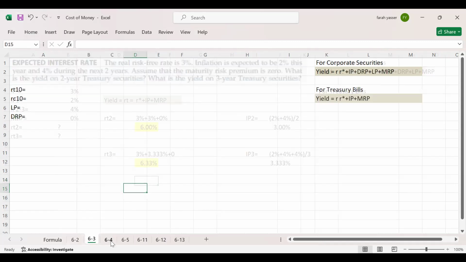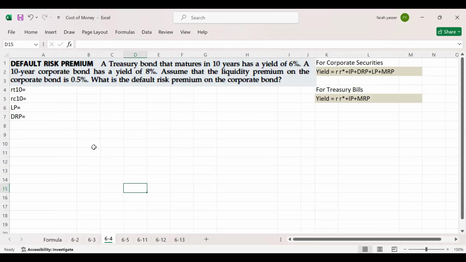Then we will cover 6.4. In 6.4, we can check the data given. The treasury bonds that mature in 10 years have a yield of 6%. RT, R, because we are talking about treasury bond, R means yield, for 10 years.